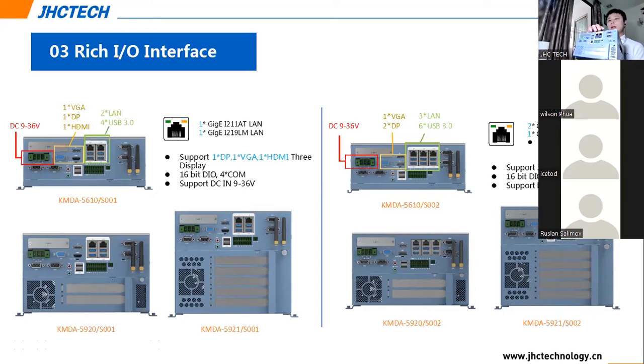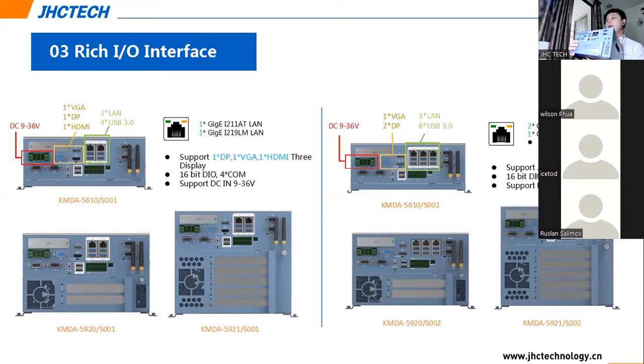It has 4 USB 3, and S002 has 6 USB 3. There are 1 VGA, 1 DP, and 1 HDMI, and S002 has 2 DP and 1 VGA, for 3 independent displays. Besides these I/O interfaces, the other interfaces are all the same. It has 4 COM ports, 16-bit isolated DIO, and supports wide power input, DC from 9 to 36 volts.